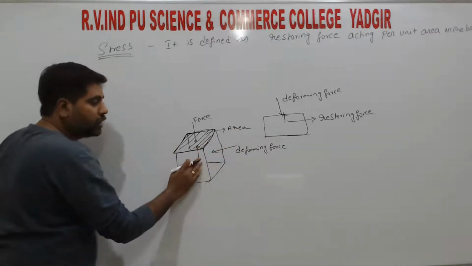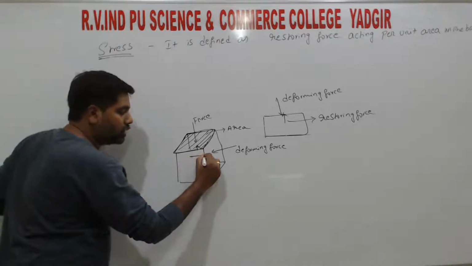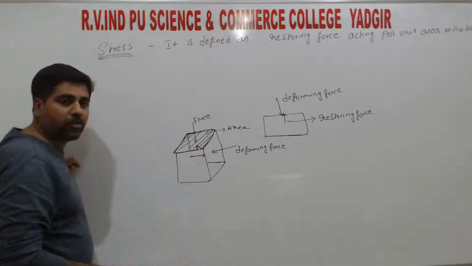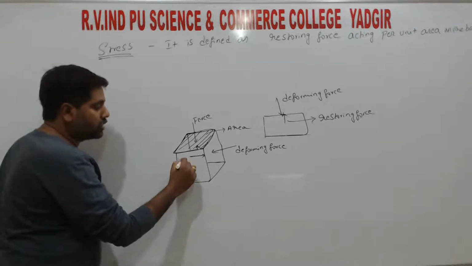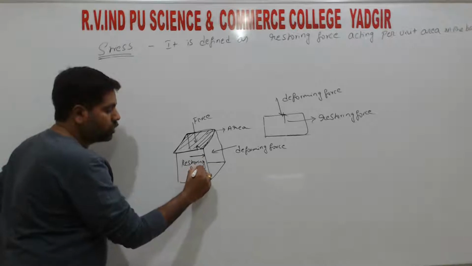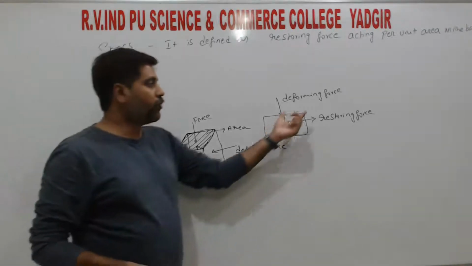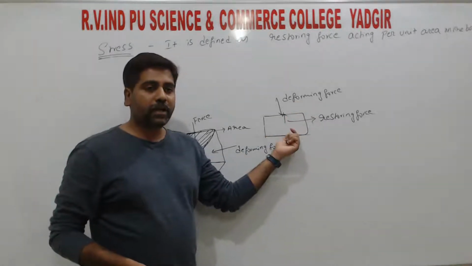Due to the change in configuration, another force is generated inside the body, and that we call the restoring force. The restoring force is generated when the deforming force is applied on any object or material.